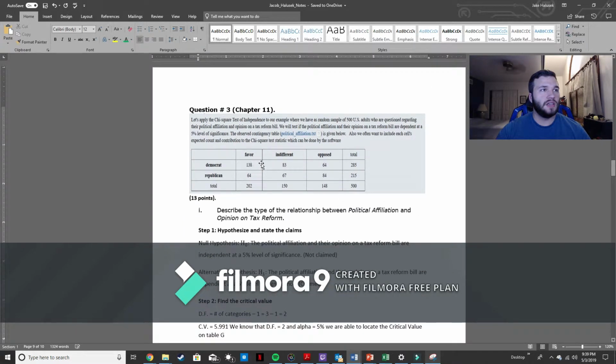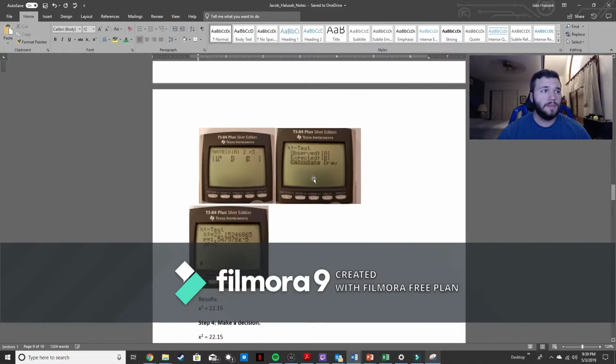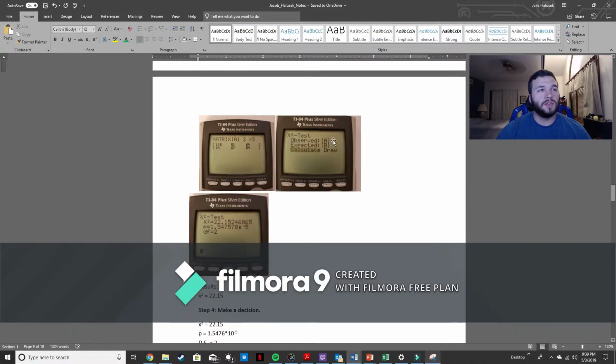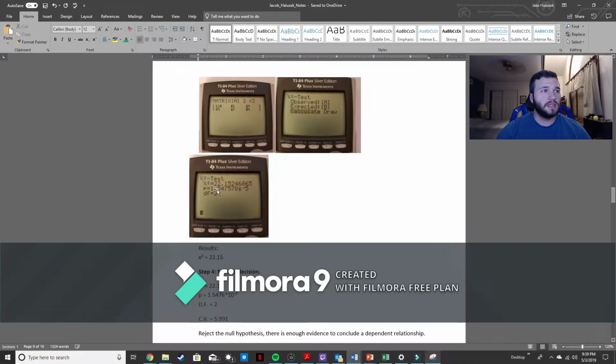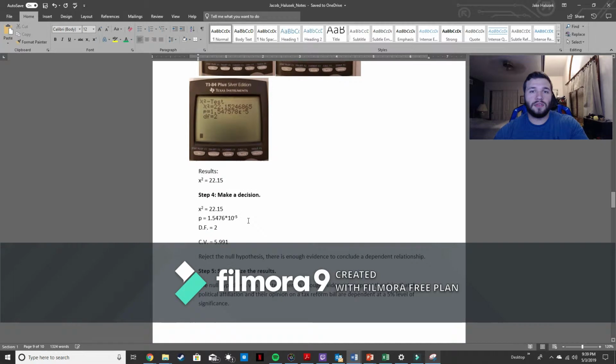Took the data from these 6 cells, plugged it in, found the chi-square test for independence within the testing area on the graphing calculator. Punched in that my observed is A and my expected is B, calculated it, and I got my chi-square test value of chi-square equals 22.15.